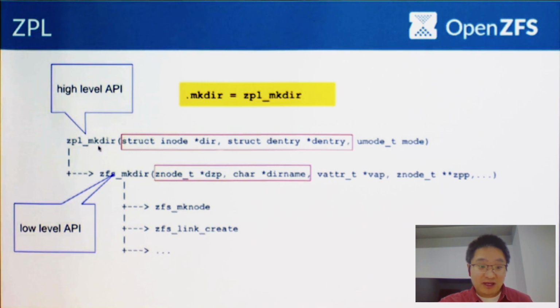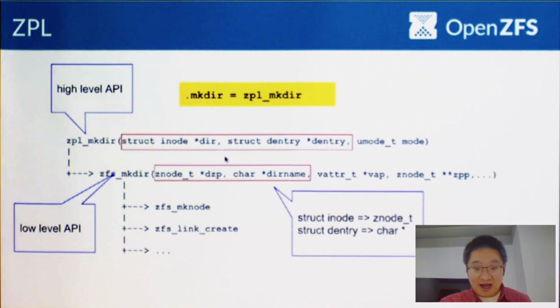The high-level zpl_mkdir first translates the inode to znode and the dentry to the vattr, and then it calls zfs_mkdir to do the real work. And the low-level API will invoke functions provided by the ZFS core components.